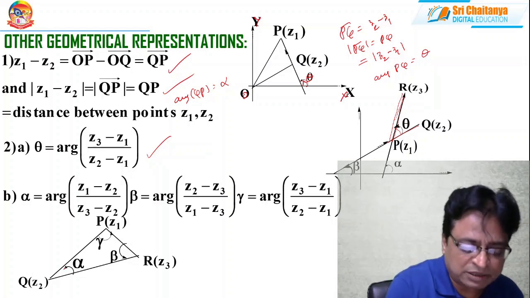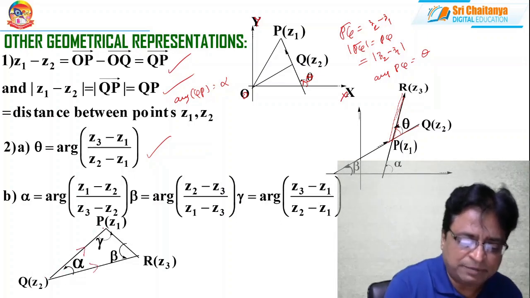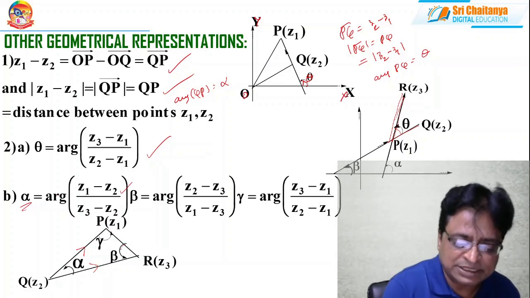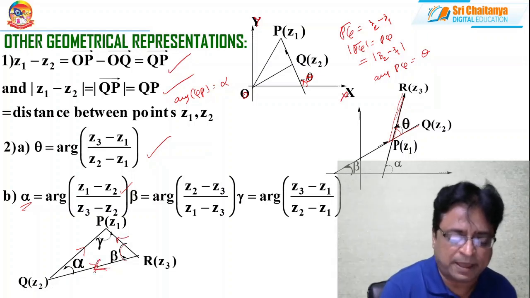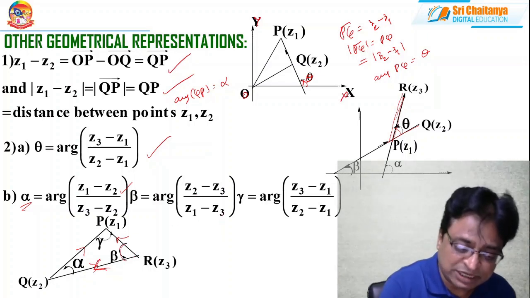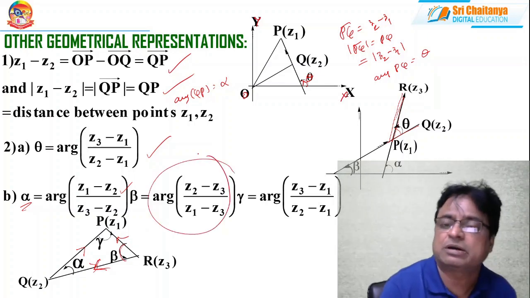And what about alpha? Alpha is the angle between QP bar and QR bar, that is the argument of z1 minus z2 by z3 minus z2. What is beta? This is the angle between QR bar and RQ bar, that is z2 minus z3 by z1 minus z3. Whether it is clockwise or anti-clockwise, whatever it may be, this is the argument.